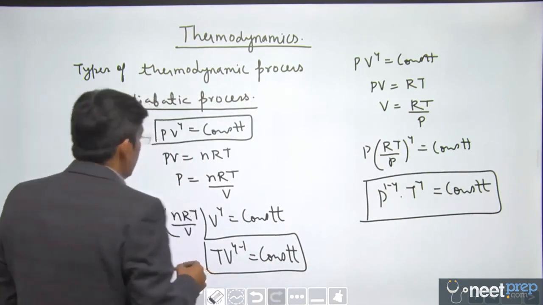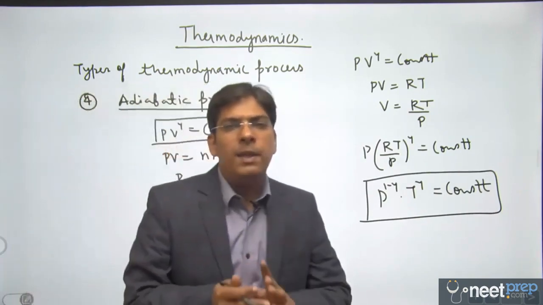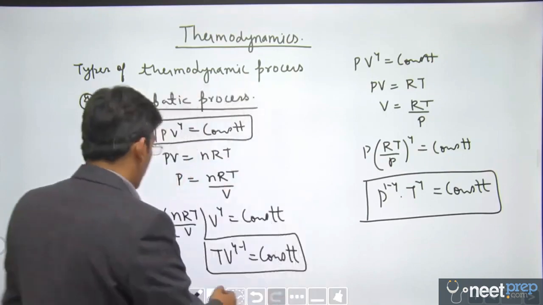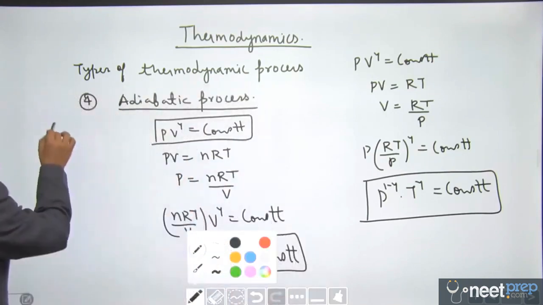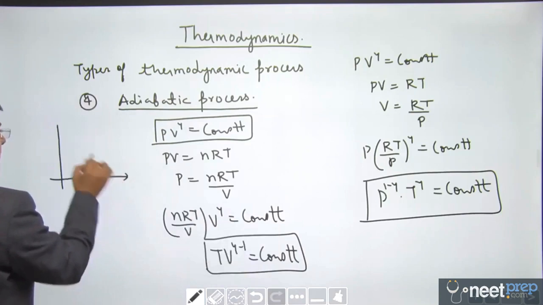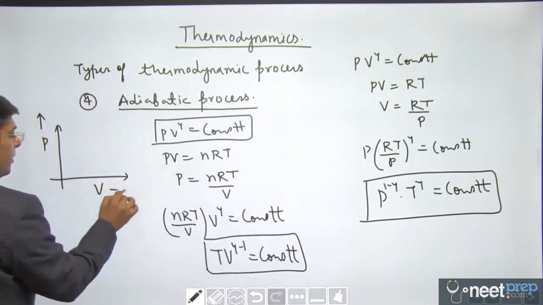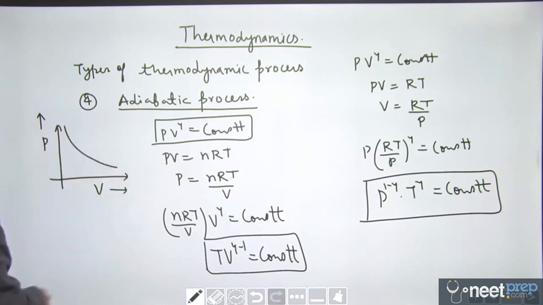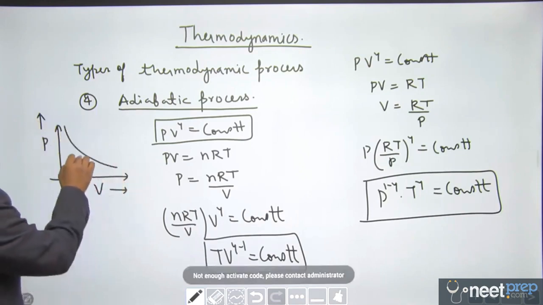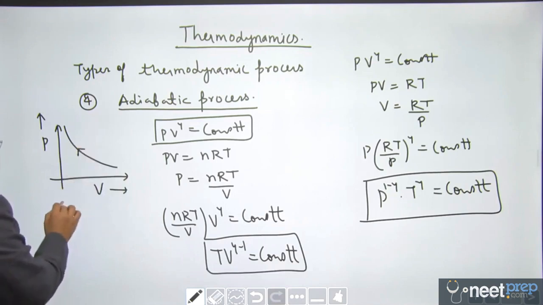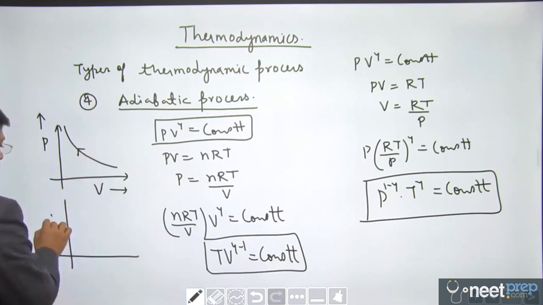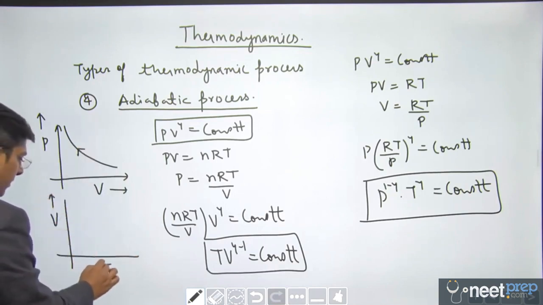Okay, dear students, let us now draw the PV, VT and PT graphs for an adiabatic process. We'll first draw the PV graph for an adiabatic process, then we'll draw the corresponding PT and VT graphs. Suppose this is the PV graph. Let us see that pressure is increasing and volume decreasing. So you'll get the VT graph very similar.